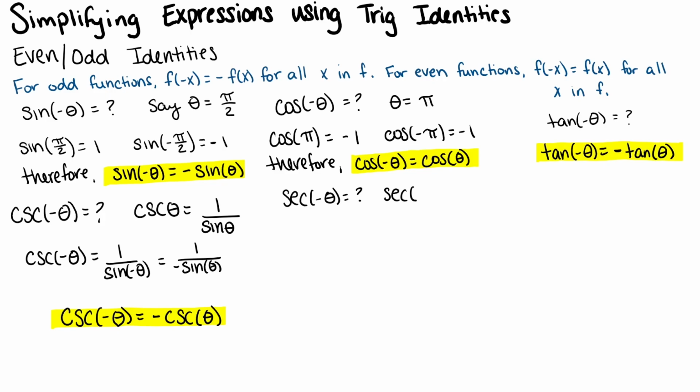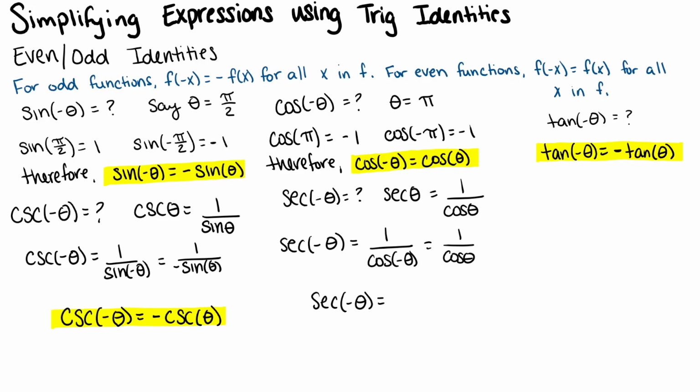Similarly for secant, what is the secant of negative theta? Well, secant theta is equal to 1 over cosine theta. So secant of negative theta would be equal to 1 over the cosine of negative theta, which is equal to 1 over cosine theta. So secant of negative theta is equal to the secant of theta, just like our cosine.